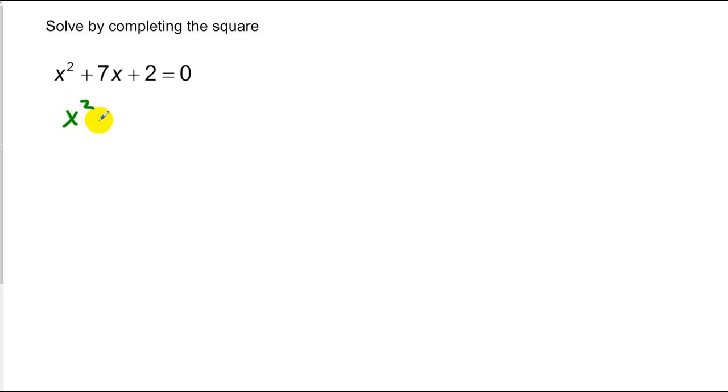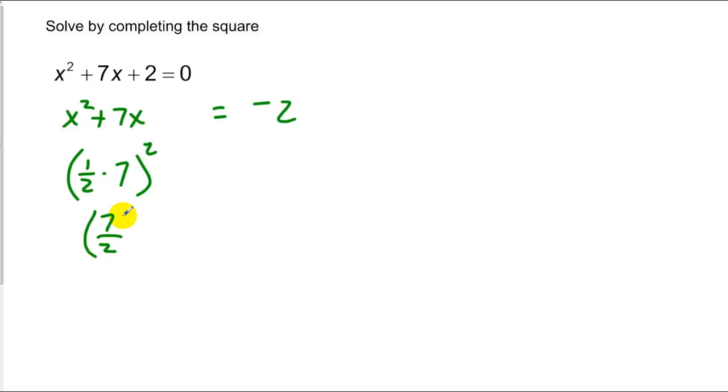I have x squared plus 7x equals negative 2. Now I've isolated my variable terms. Then I take half my b term and square it. Well, half of 7 is 7 over 2, squared is equal to 49 over 4, which isn't so pretty.